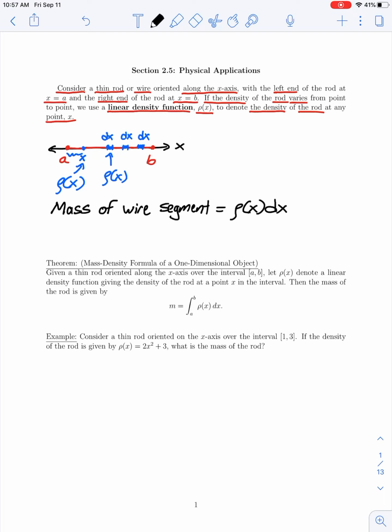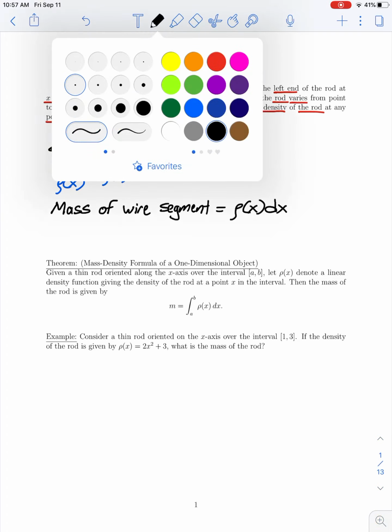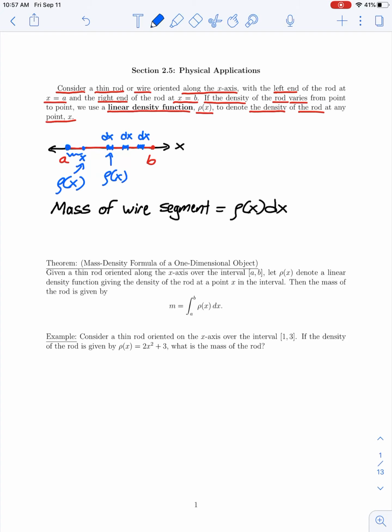And to get the total mass of this wire, I want to add up the mass of these little wire segments all the way from x equals a up to x equals b.